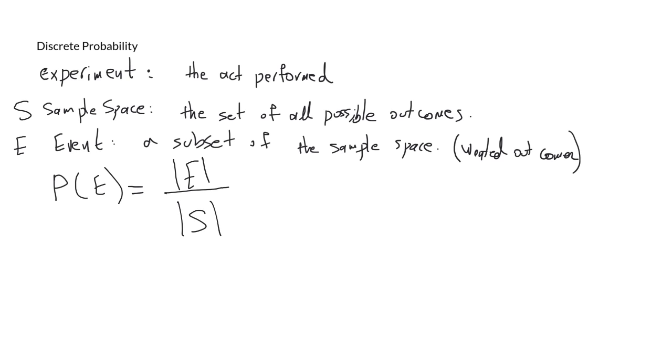So the ratio of the number of outcomes that you are interested in to all of the outcomes.